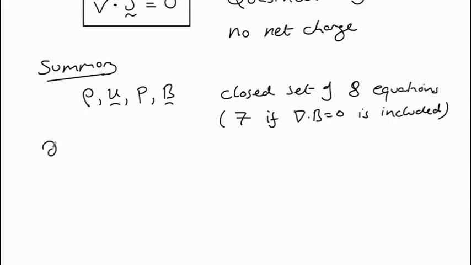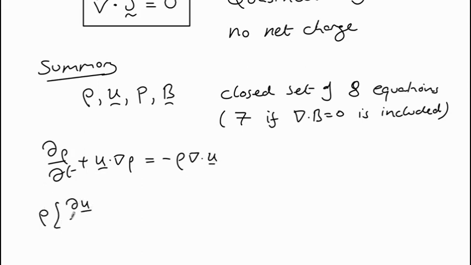So the equations are the mass density, d rho by dt plus u dot grad rho. This remains unchanged from Euler's equations. Then we have du by dt, the momentum equation.